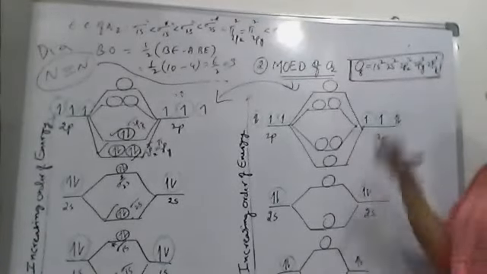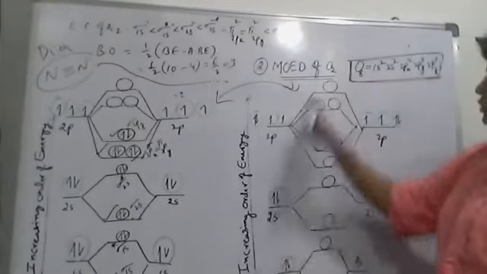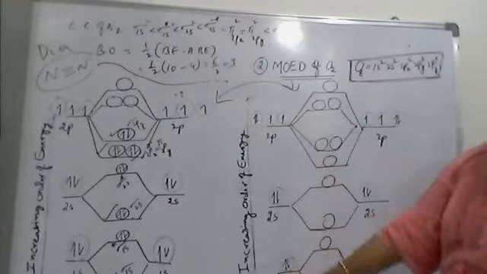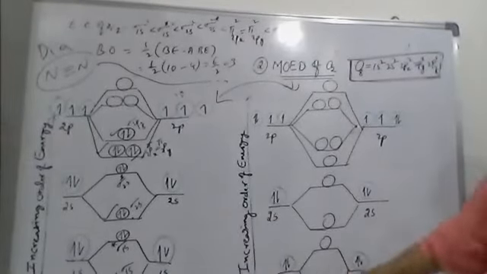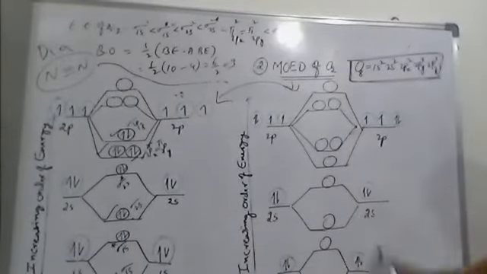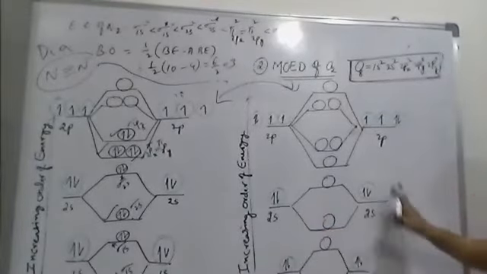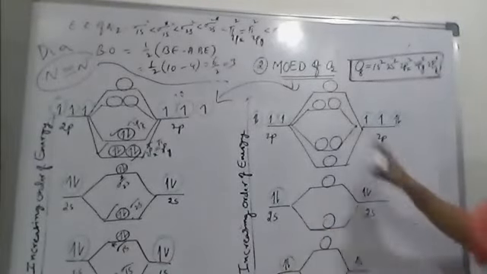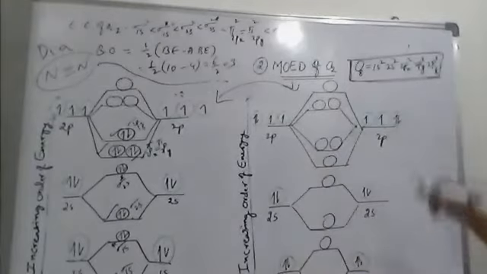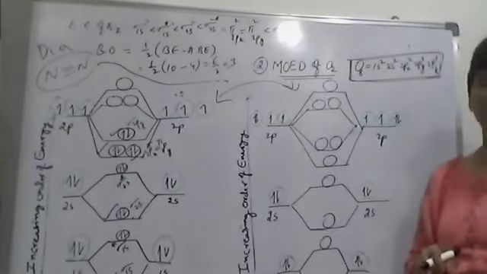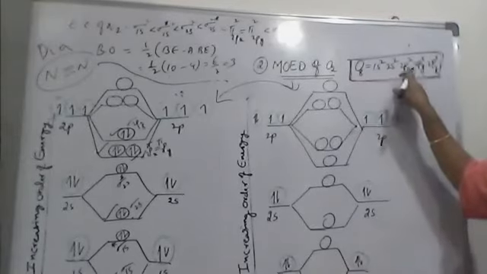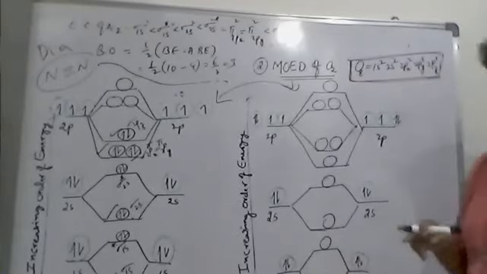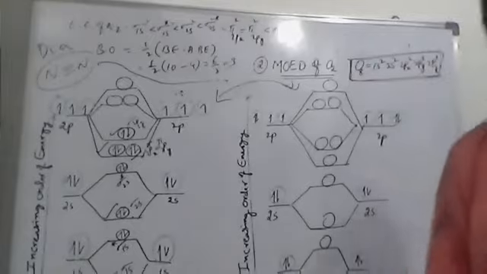Okay, so now the MOT of O2 molecule, in increasing order. Obviously, 1s orbitals of both oxygens, then 2s orbitals of both oxygens, then 2p orbitals. And what is the atomic number of oxygen? 8. So 1s2, 2s2, 2px2, 2py, 2pz.